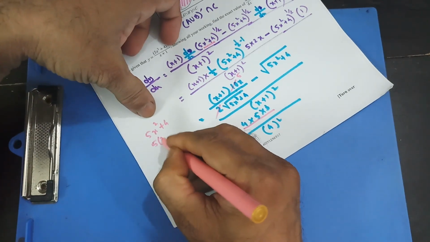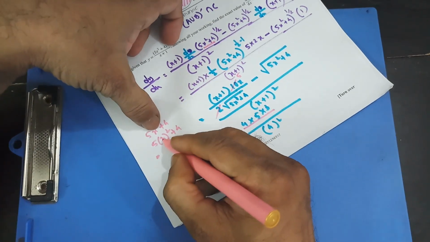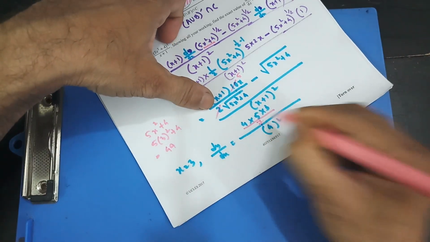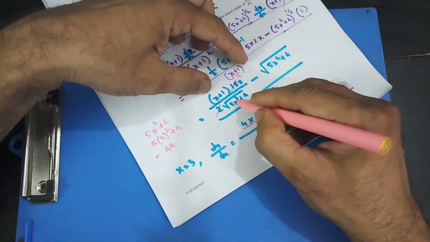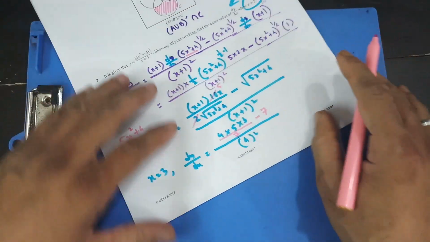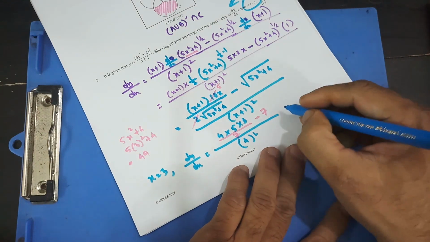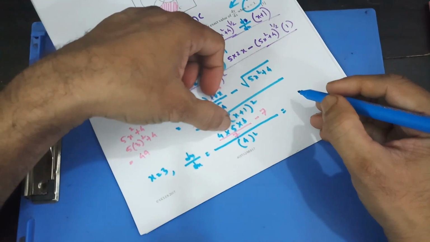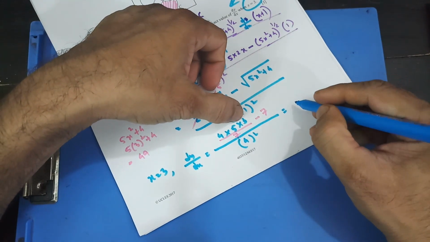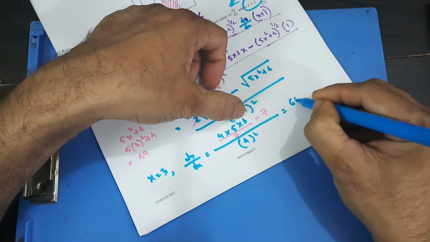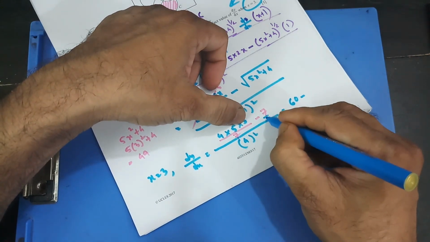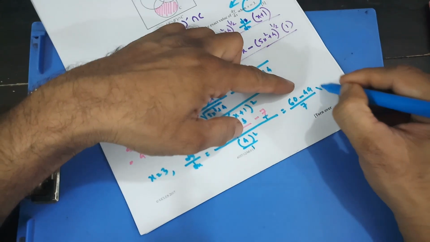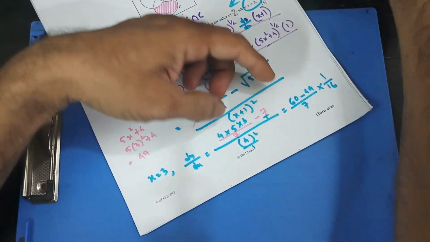So 5x squared plus 4 is going to be 5 times 3 squared plus 4, 9 fives are 45 plus 4 is 49, square root of 49 is 7, minus the same thing over here, which is going to be 7. So I can write this as 4 times 5 times 3, so 20 times 3 is 60, minus 7 sevens are 49 divided by 7, and here is 1 times 1 over 16.